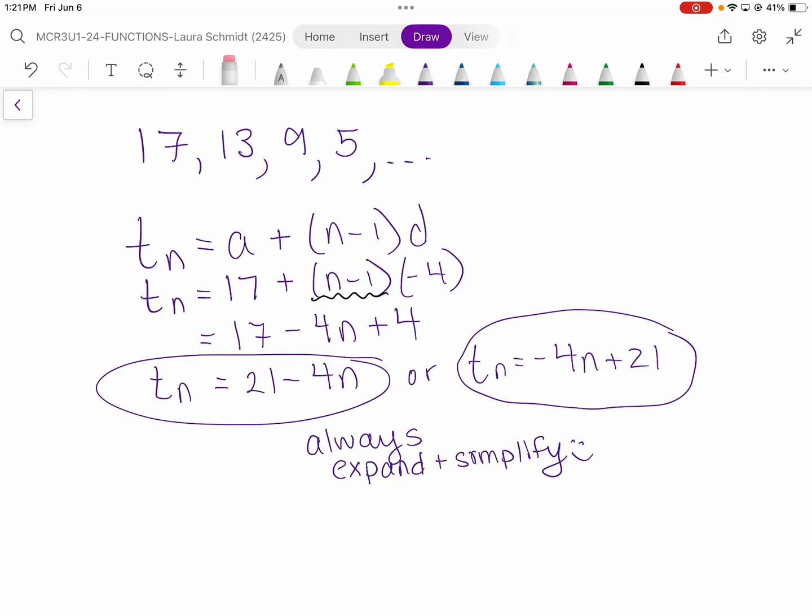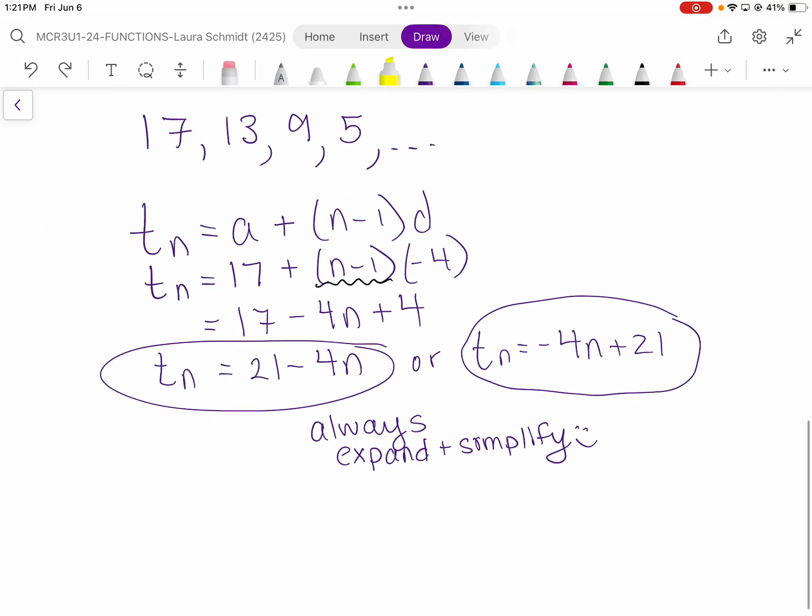Or not. Anyways, I just erased that. It's an open book test, so you will have that, I hope, in your notes. So it's pretty easy to get the general term of an arithmetic sequence, but you also don't even need that.